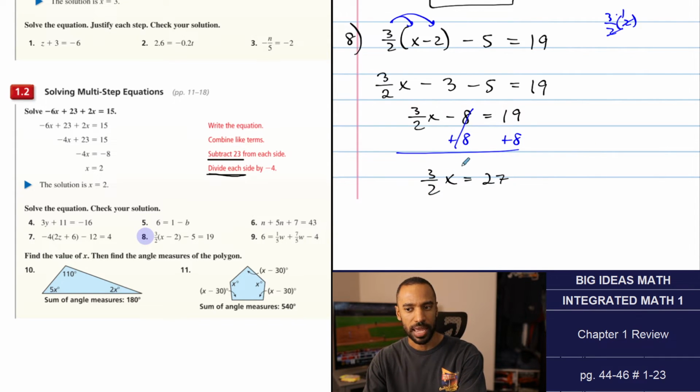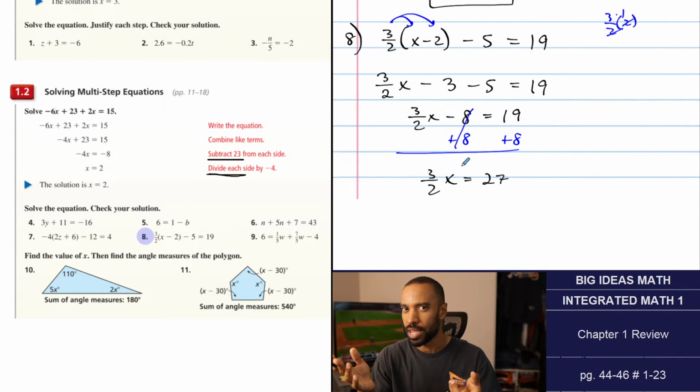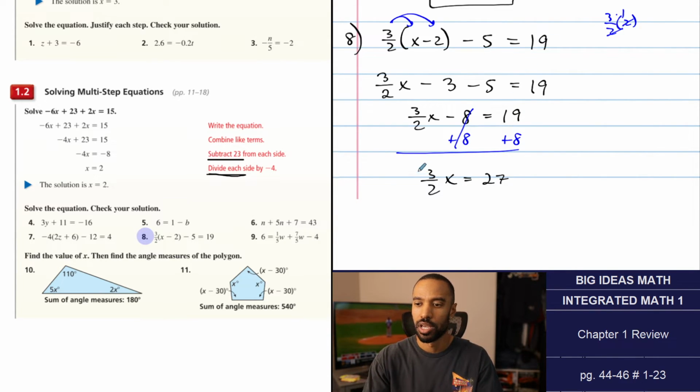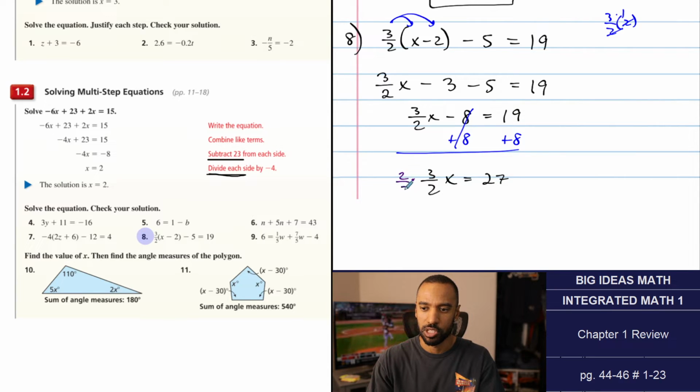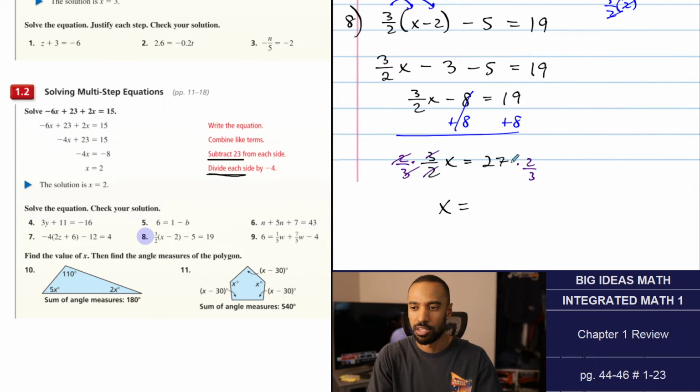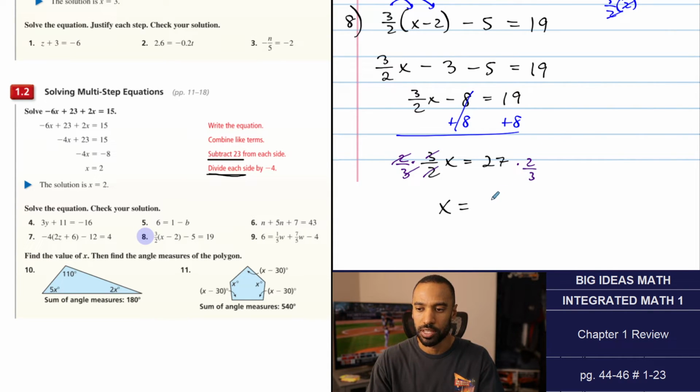I'm going to treat it like the 3/2, but if I divide by 3/2, that also means multiplying by its reciprocal, which is 2/3. So I could say multiply both sides by 2/3 like this, and then that'll get me to properly calculate what's happening on the other side, where 27 is multiplying by the 2, yet dividing by the 3. Now 27 divided by 3 is 9, and 9 times 2 is 18. So 2/3 of 27, 27 times 2/3, is 18, and that's the answer for x.